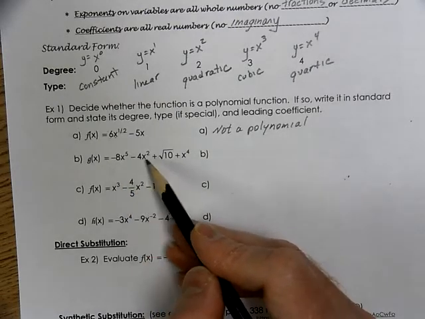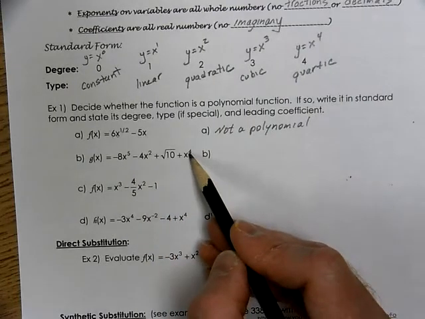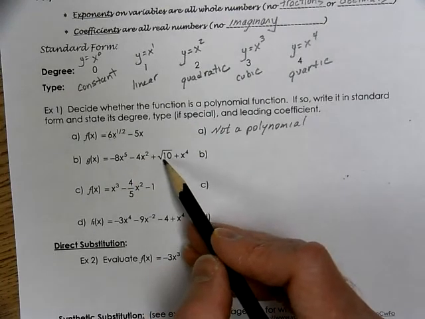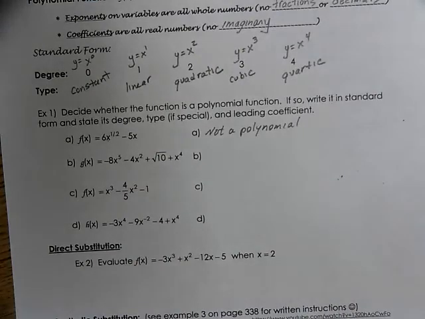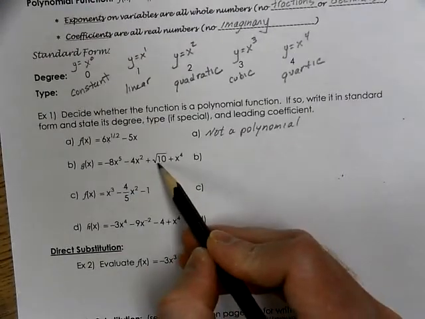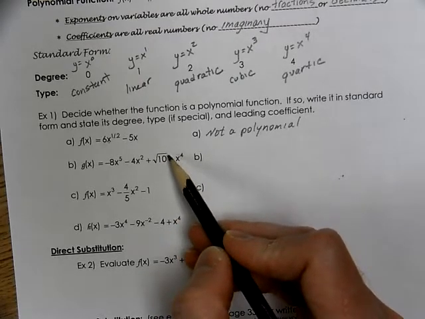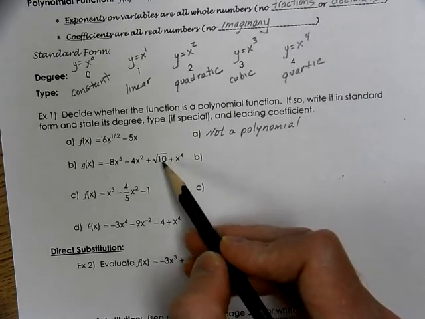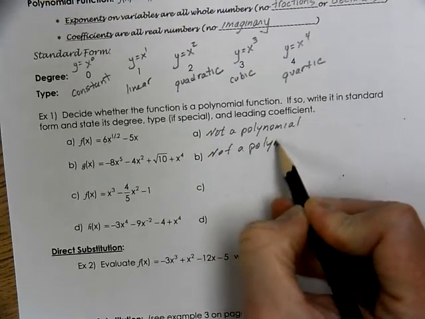Here we have x to the 5th, and it doesn't go to 4 and 3, but it is decreasing. There's my 4, so it's not in standard form. You do have your square root number here. With the square root as your constant number, it would have x to the 0 power with it. We're still going to consider that a coefficient of x to the 0 power, so not a polynomial.